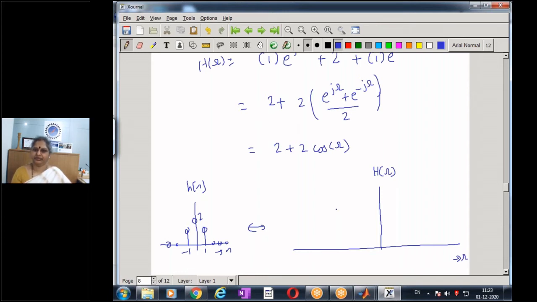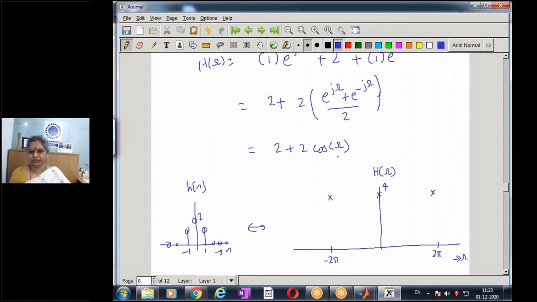And for omega equal to 0, what's the value? 2 plus 2, that's a 4. And omega equal to 2 pi, again it's going to be same as cos of 0, and hence again it's going to be 4. And at omega equal to minus 2 pi also it's going to be 4.